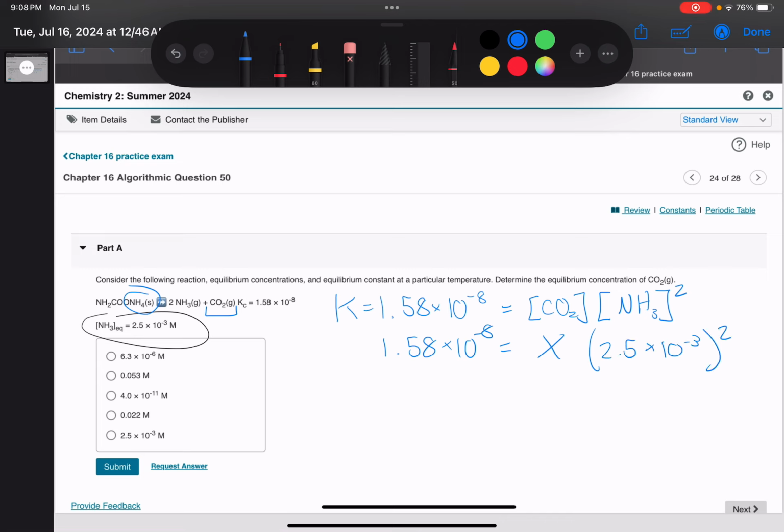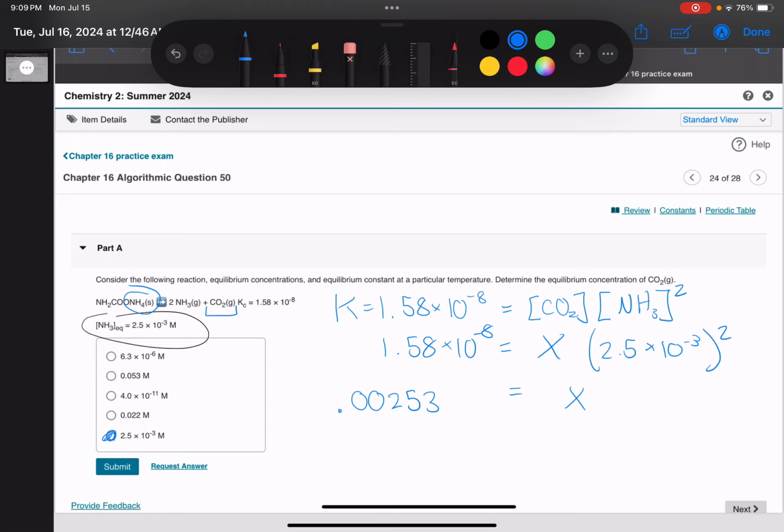So X is just going to be 1.58 times 10 to the negative eighth divided by 2.5 times 10 to the negative third, and then that whole value squared. So X comes out to be 0.00253, or 2.5 times 10 to the negative third.